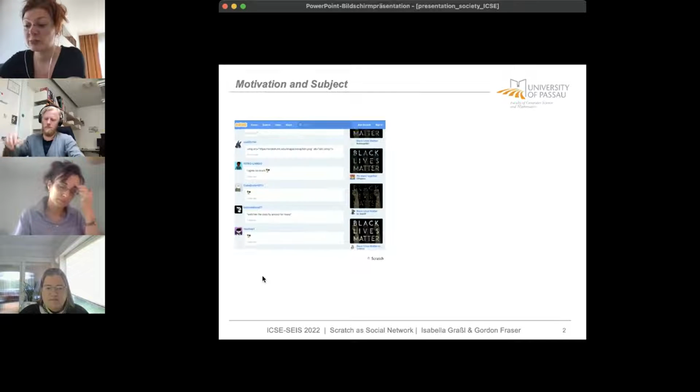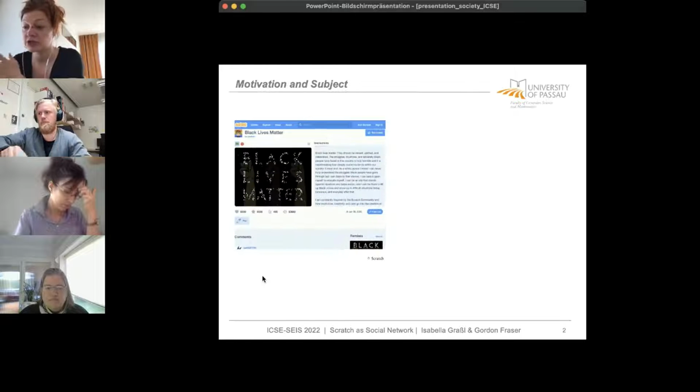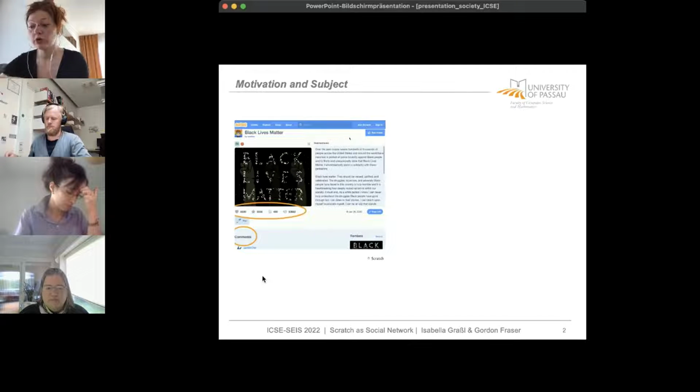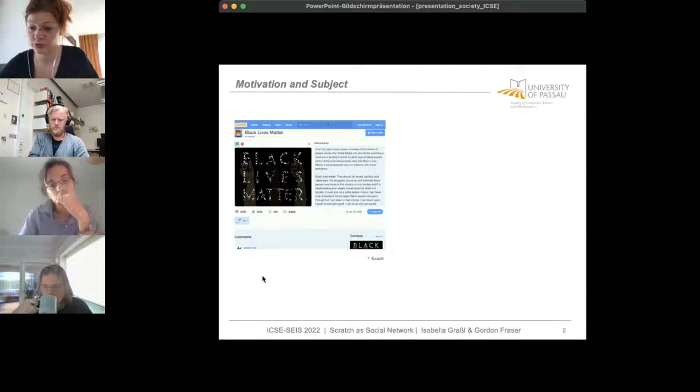And since the environment is similar to a traditional social media with liking, loving, sharing, and commenting, we want to extract semantic information of those projects and to see to what extent societal issues have an impact on Scratch projects.